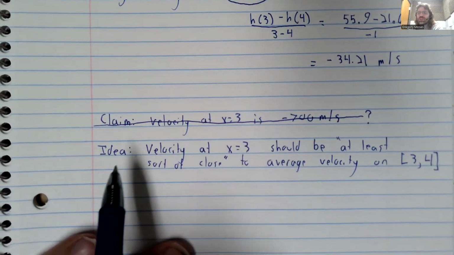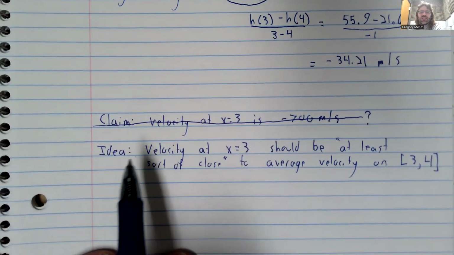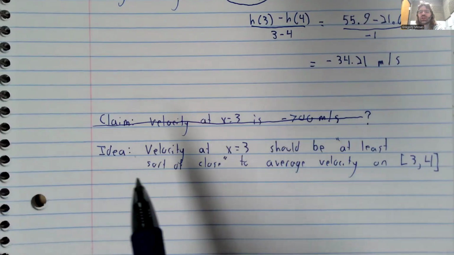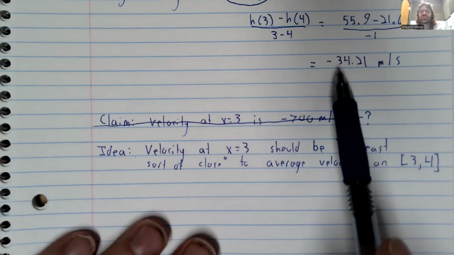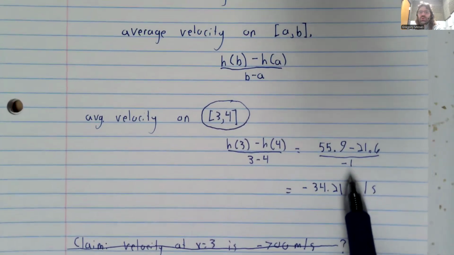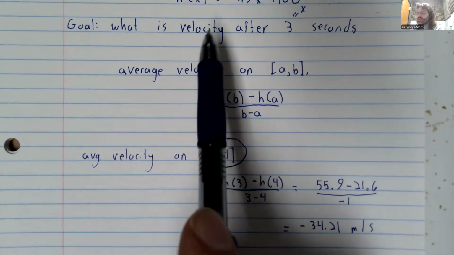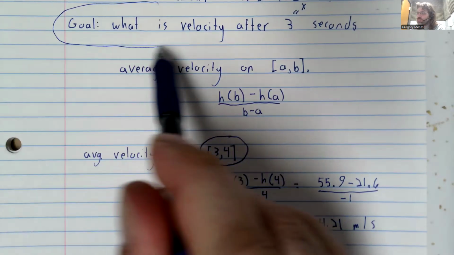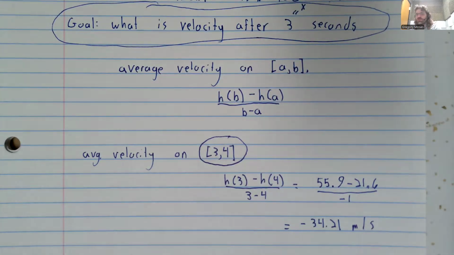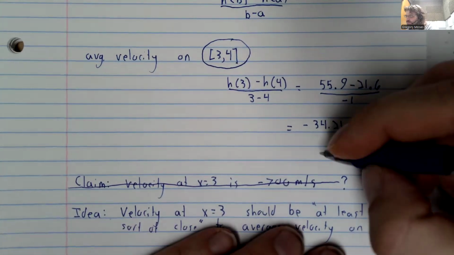And if we're willing to accept this idea, where do we go? I mean, if we're willing to accept this idea, what we've done here is essentially approximate the number we're looking for. This is our goal: the velocity at 3 seconds.